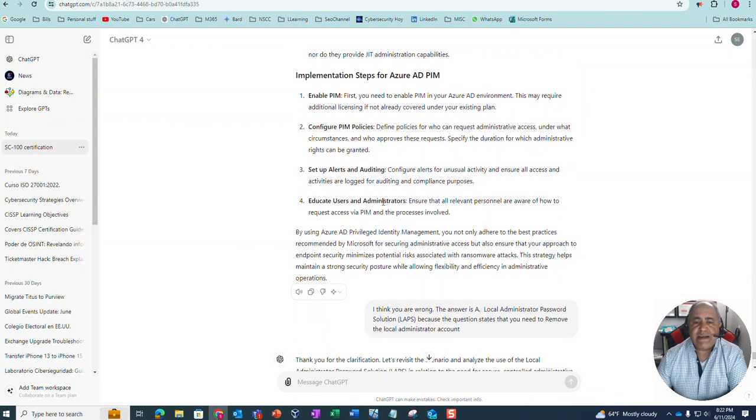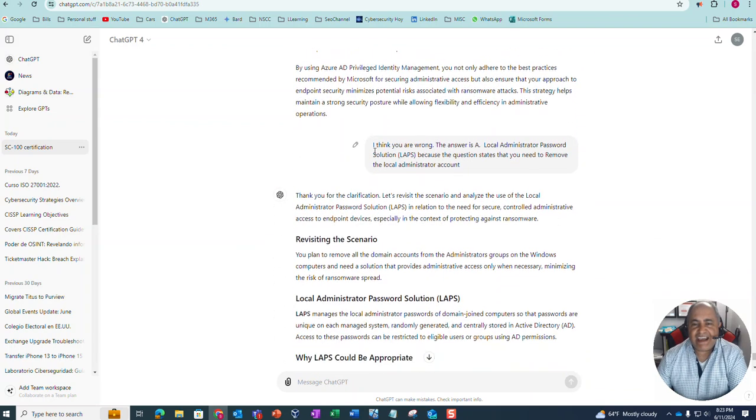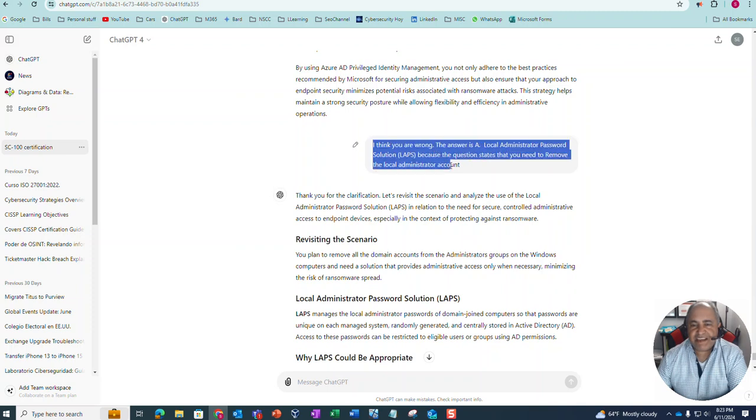So anyway, I went in and told ChatGPT, I think you are wrong. The answer is A, Local Administrator Password Solution or LAPS, because the question states that you need to remove the local administrator account. So the only solution over there that actually does that is LAPS.